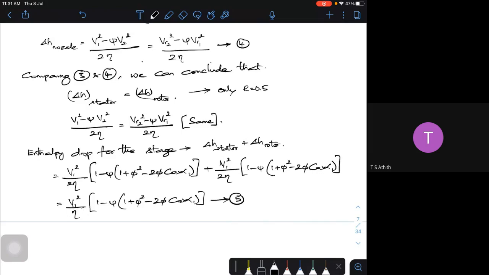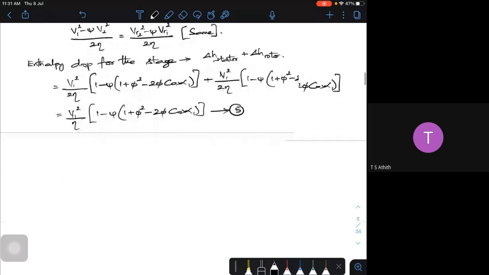Okay, this is about the enthalpy drop. Now let's go back and see what your work done is. Work done per enthalpy drop, or heat drop, per stage is your gross stage efficiency. If I obtain the expression for work done per enthalpy drop per stage, that will give your gross stage efficiency.